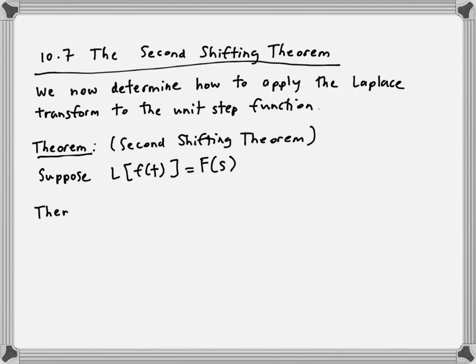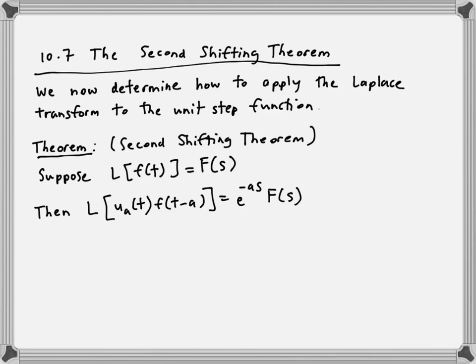Then the Laplace of the unit step function at a times f of t minus a is going to equal the following: e to the negative as F of s.